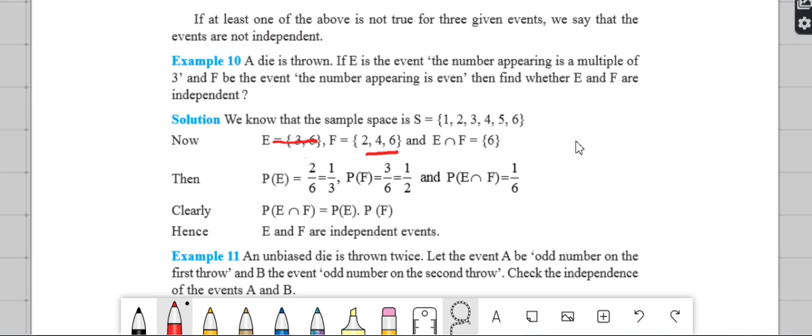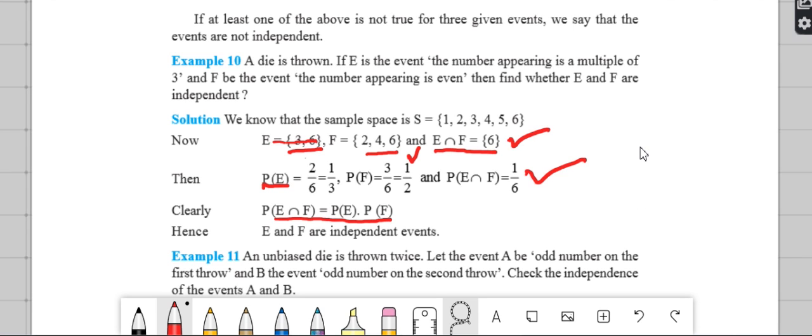Now find P of E intersection F. E intersection F is equal to 6, and P of E is 1 upon 3, and similarly P of F is 1 upon 2, and P of E intersection F is 1 upon 6. If you notice, P of E intersection F is equal to P of E into P of F. Therefore, we can say E and F are independent events.